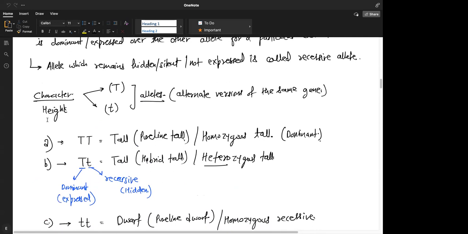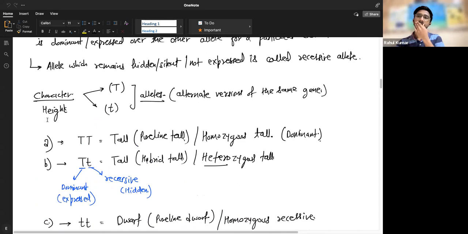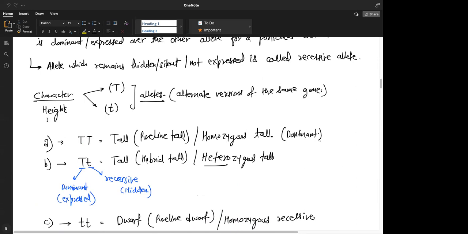Yes, they are like the sequence is slightly different, but majorly it's the same gene. The gene is the same, but the coding sequence is slightly different for the character.